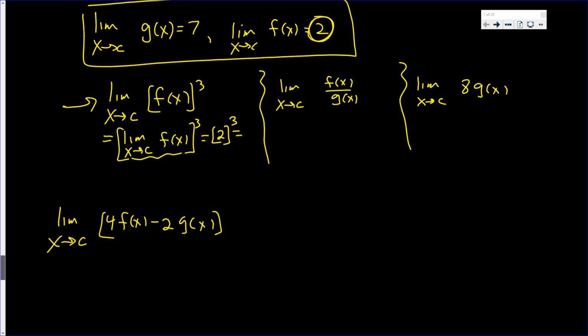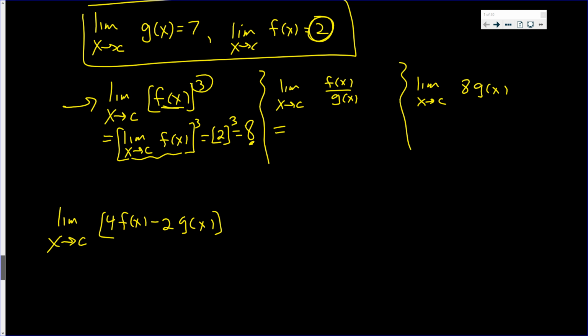So I get 2 cubed, which is 8. But there will be real limits where they tell you what f(x) is, and they ask you for the limit as x goes to 7 of whatever f(x) is cubed, and you're really going to want to find the limit before you cube it. Okay, so we have it, it's 8.